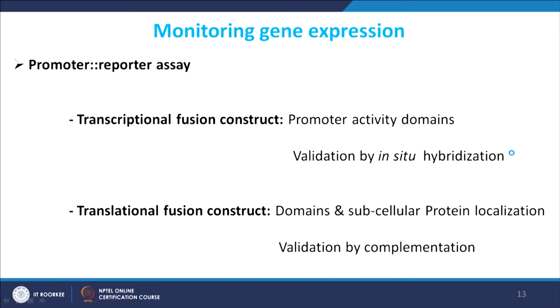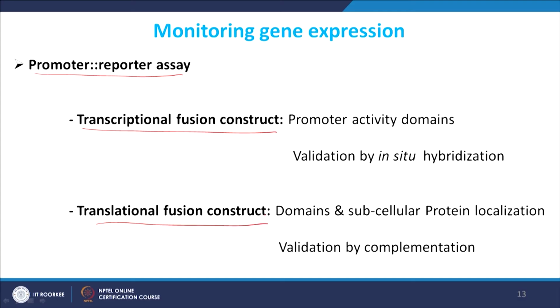Okay, so the next method which is being used to monitor temporal and spatial gene expression is the promoter reporter assay, very commonly used. If you recall one of our previous lectures, we have discussed that there could be two types of promoter reporter assay. You can either make a transcriptional fusion construct or make a translational fusion construct.